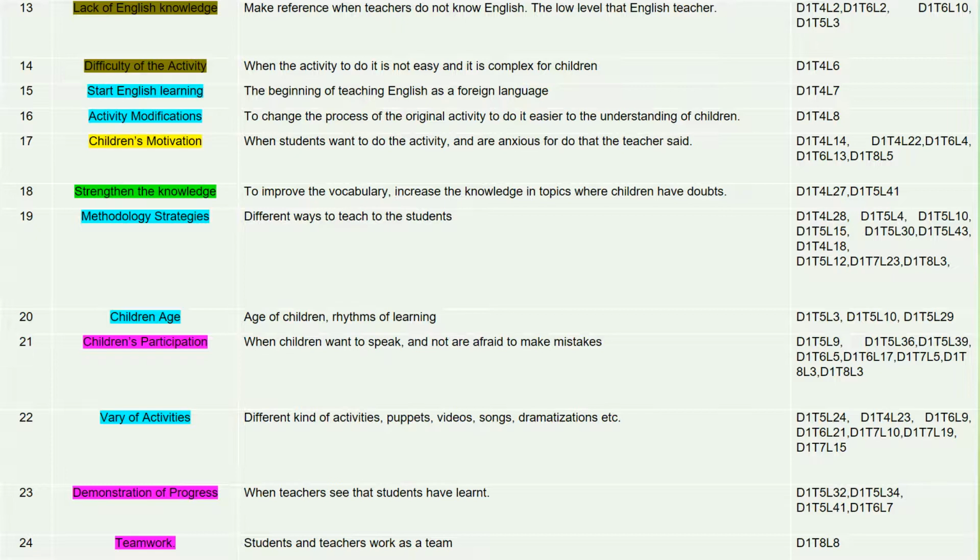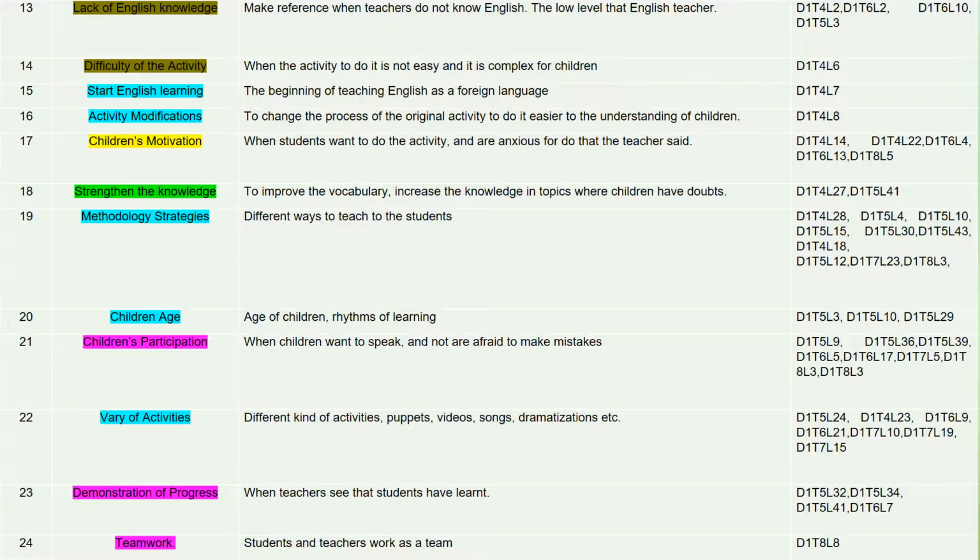For instance, code 22, variety of activities: different kinds of activities like puppets, videos, dramatizations. In most of the diaries they mentioned a variety of activities, so we grouped those codes and created the code name variety of activities.